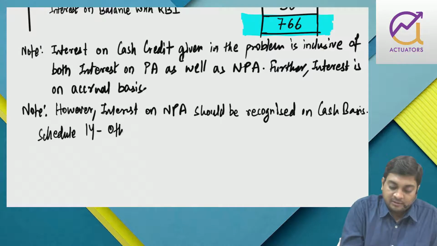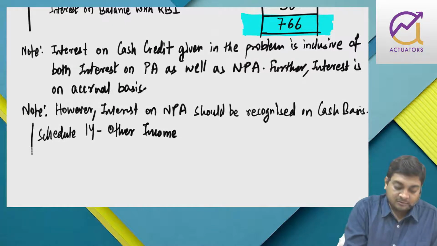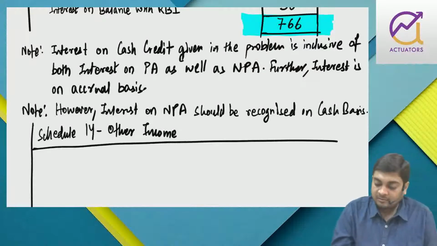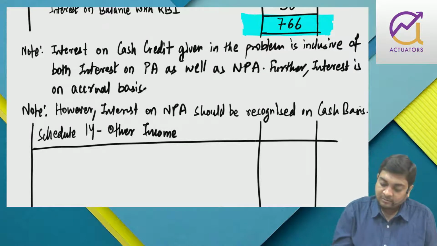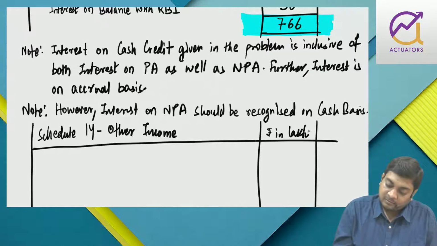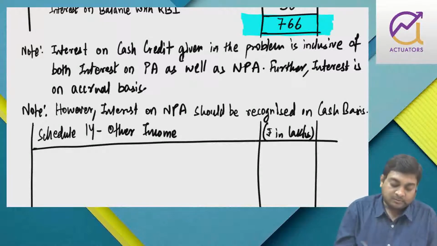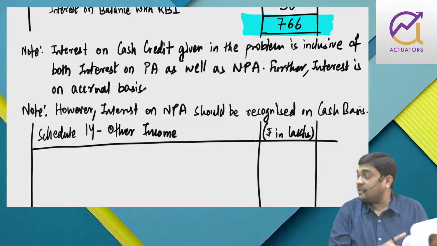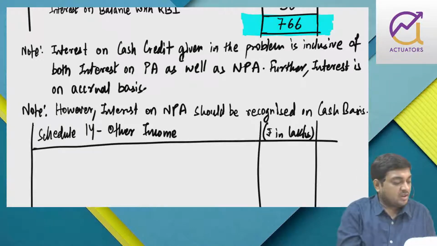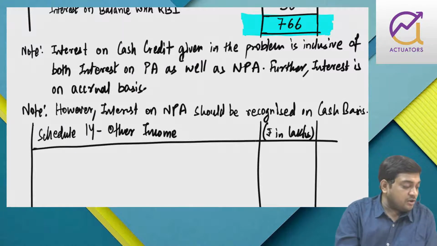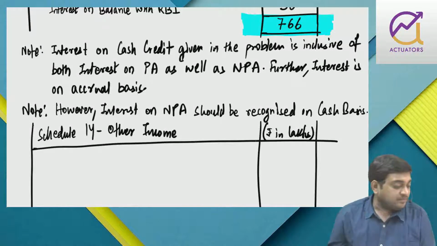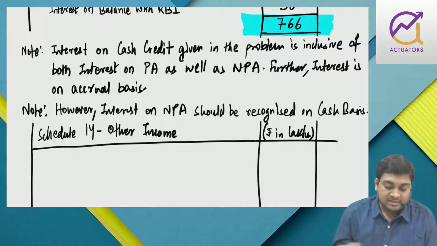Schedule 14. Right? Just to do it. There are three types of commission: commission on remittance, commission on LC, and then commission on government business.